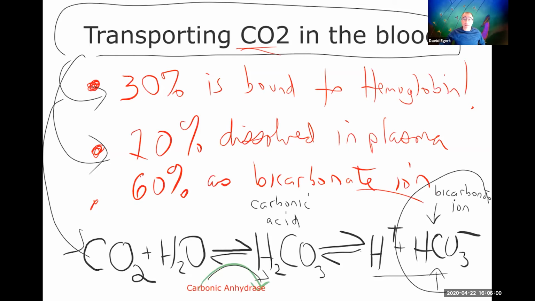We're going to see when we get into pH balance a little later, a big part of your pH balance is by adjusting your pulmonary ventilation. If you are breathing really deep and hyperventilating, blowing off lots of CO2, moving the reaction this way, you're going to become more alkaline.